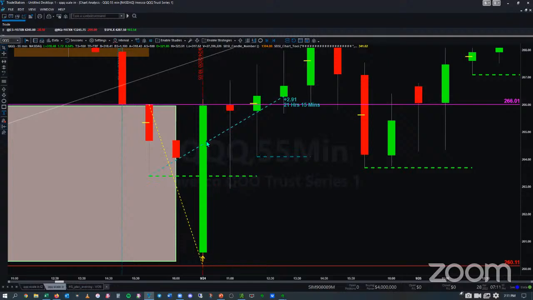So I would probably not normally treat this as the base to be broken for entry. I actually use the upper one here just because this is a little bit of an anomaly, and I don't like to play with anomalies. Any questions about how that ended up looking that way?